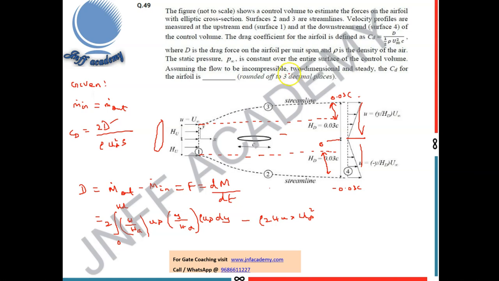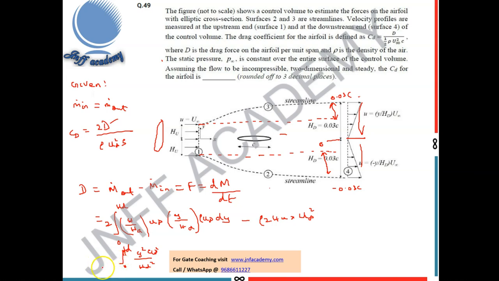Maybe I can write it here as well. The integral from 0 to ht of y square u infinity square by ht square: y square integrates to y cube by 3. Rest all is constant, and you do it from 0 to ht.